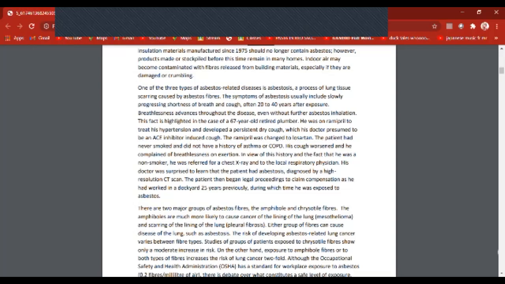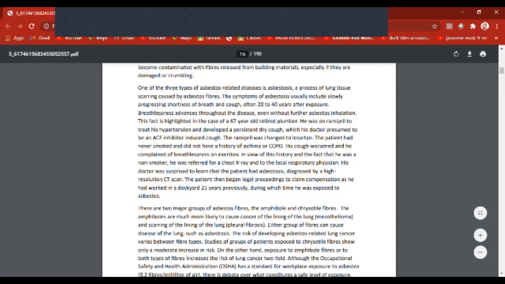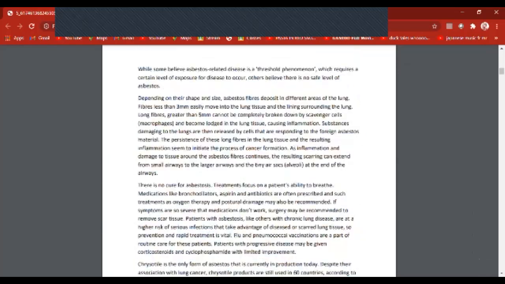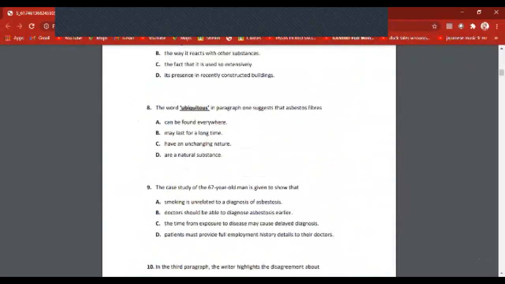So he had a persistent dry cough. The Ramipril was changed to losartan, a change in medication. The patient had never smoked and did not have a history of asthma or COPD. So the patient had not smoked. Smoking is unrelated.